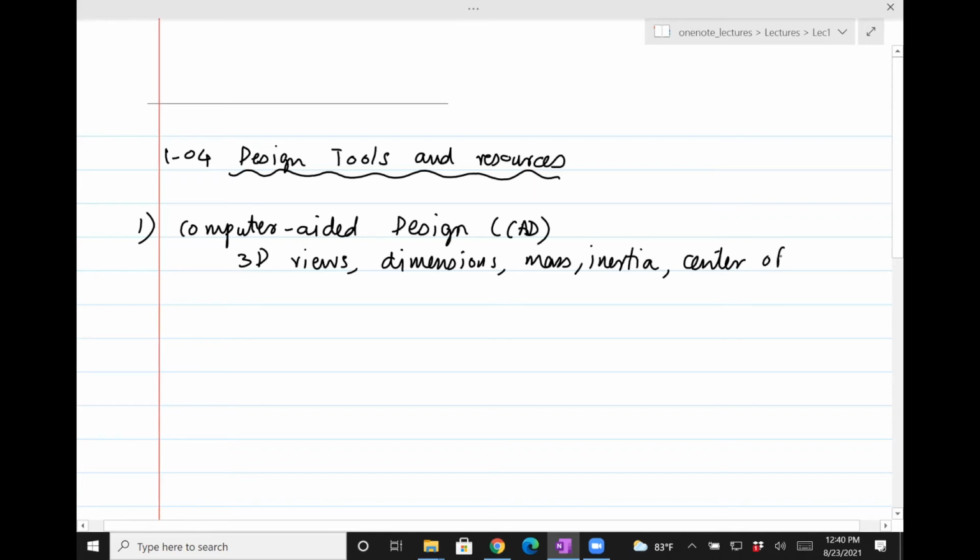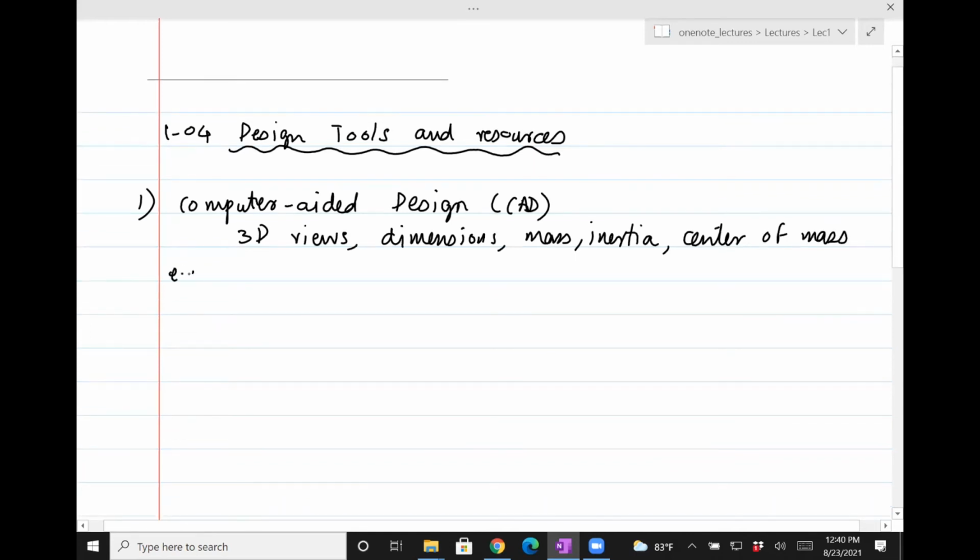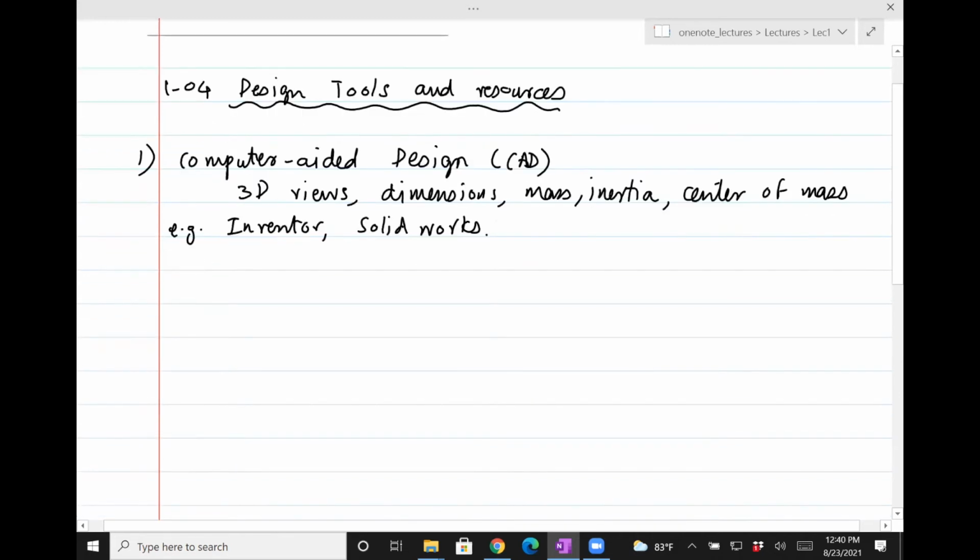Center of mass. And the tools which are typically used here are Inventor, SolidWorks, and we have licenses for this. So if you have taken 250, you probably know these tools. There's a tool called Finite Element Analysis.